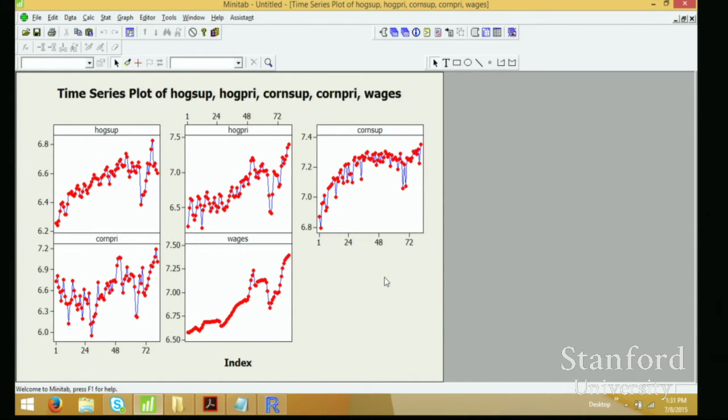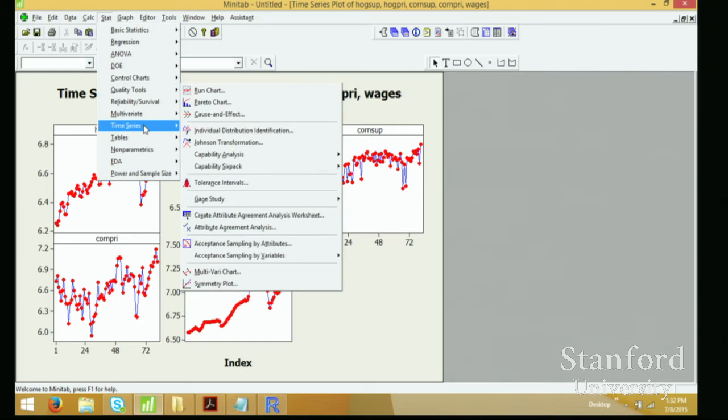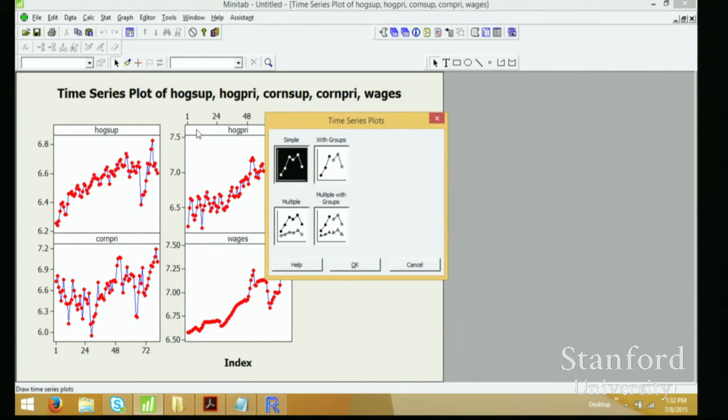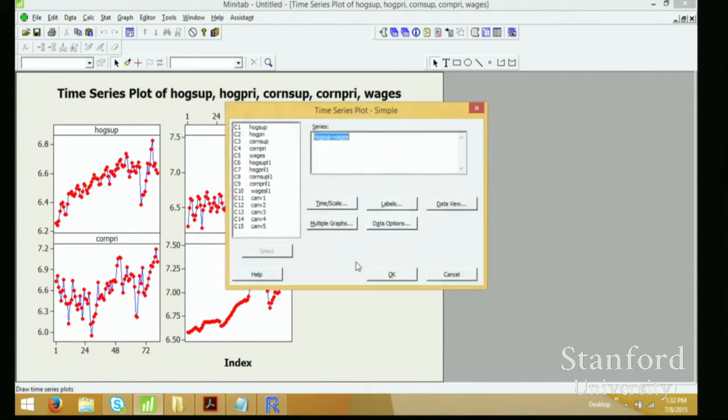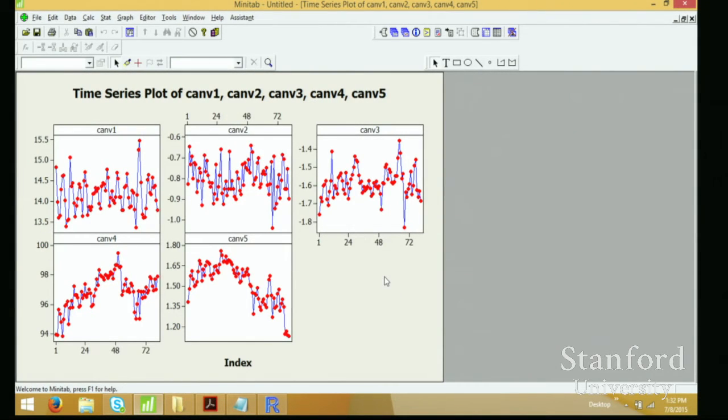All series look non-stationary. Now with this co-integration idea, after we did the co-integration, let's look at the plot of the canonical variables and see how it looks. That's a canonical variable.